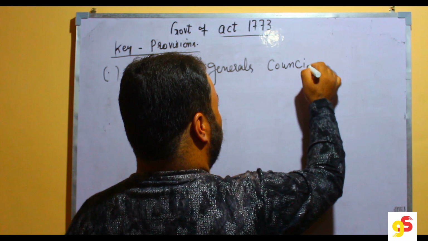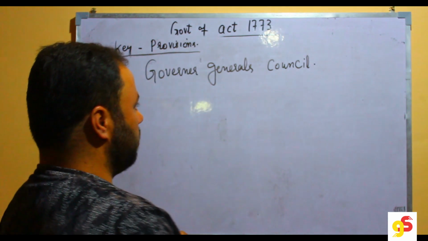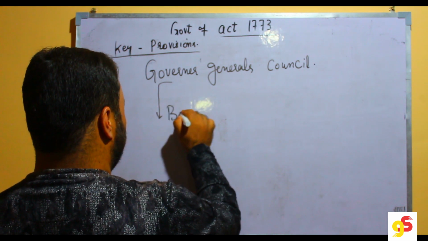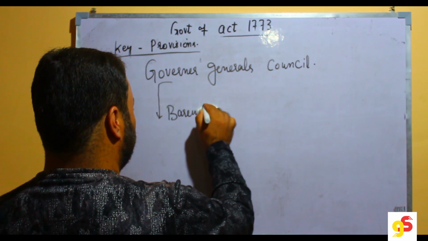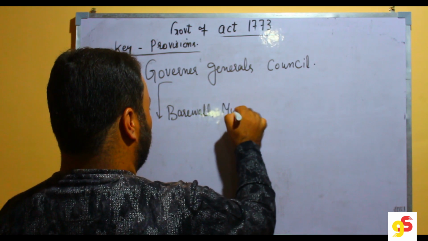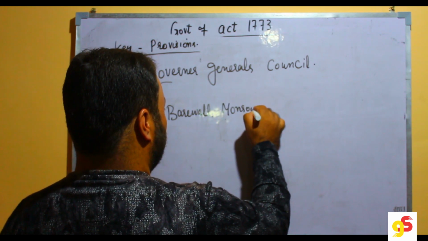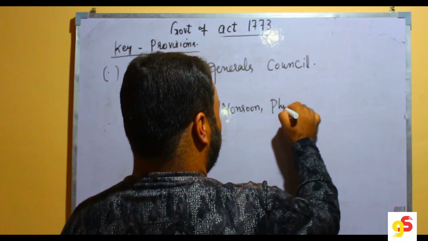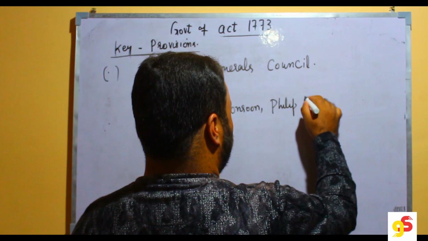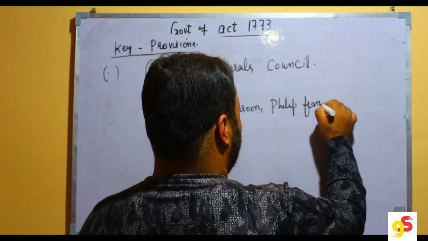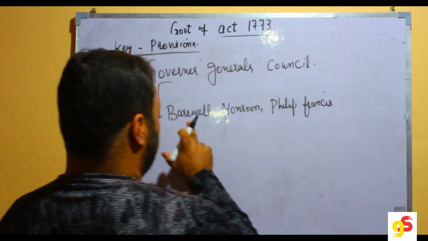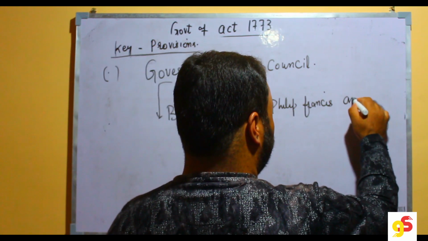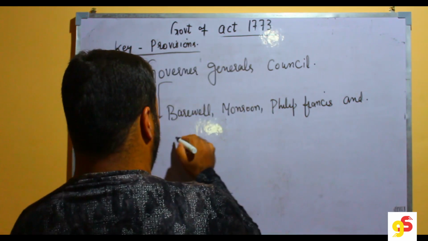As I already told you, it was like a mini parliament with 4 members. They were Barwell, Monson, Philip Francis, and Clavering.